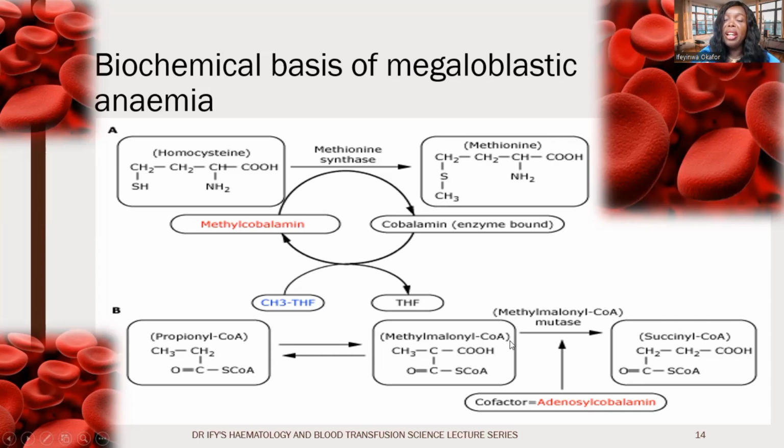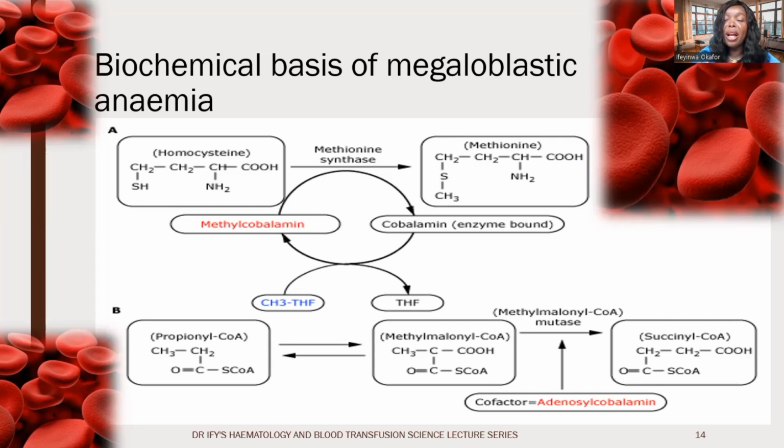This reaction leads to the production of succinyl-CoA, which, among other things, is involved in the synthesis of hemoglobin. Remember, the first step in synthesis of hemoglobin is the condensation of succinyl-CoA with glycine. This is the first reaction in hemoglobin synthesis.